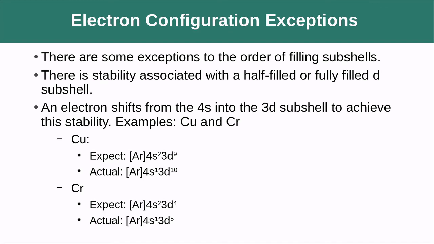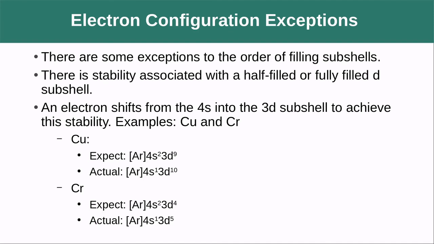Okay, here's where we're really getting into the exceptions though. There are some exceptions to the order of filling subshells. There is stability associated with a half-filled or fully filled d subshell. An electron shifts from the 4s into the 3d subshell to achieve this stability.